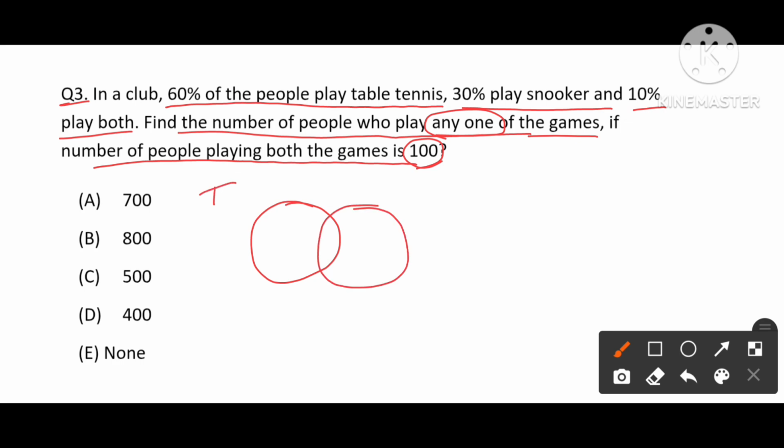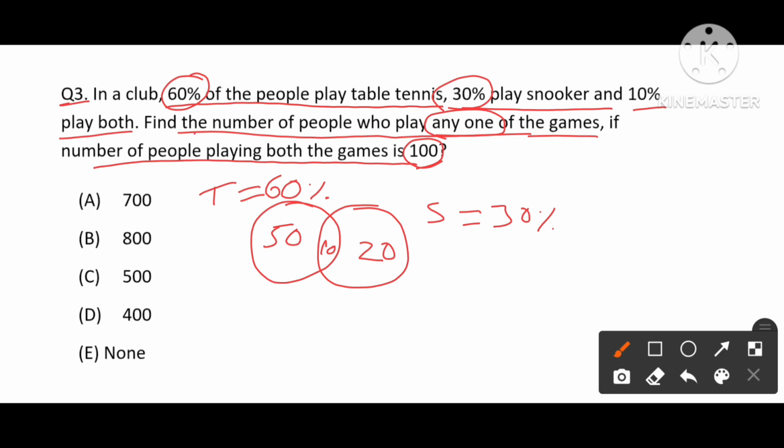First one is table tennis, second one is snookers. Table tennis is 60% and the snooker is 30%, and both place 10%, means this is the place for 10. So if it is 10, then this will be the place for 50 and this is the place for 20.